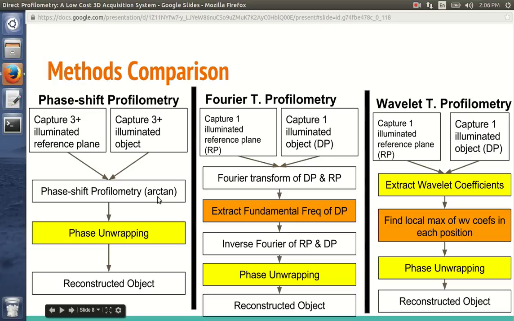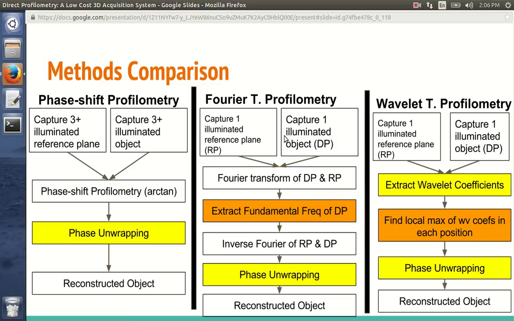And the algorithm then computes using arctangent. Because it uses arctangent, the phase will be wrapped between minus pi and pi, then it needs to be unwrapped, and then mapped to the height information, so we can get the reconstructed object.